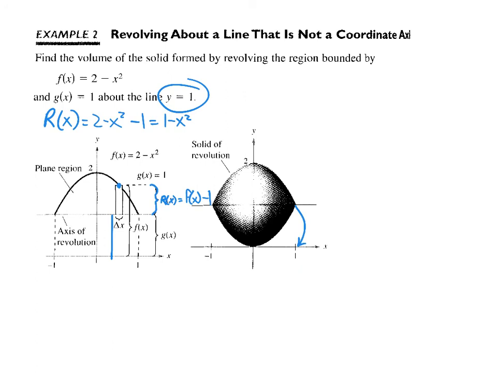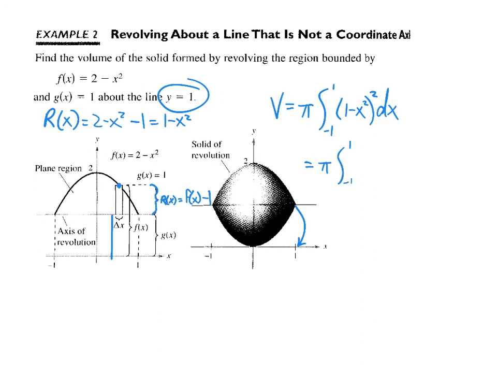So we're going to do the volume equal to pi times the integral from -1 to 1 of 1 minus x squared, all squared, dx. Alright, so we got to FOIL and integrate.